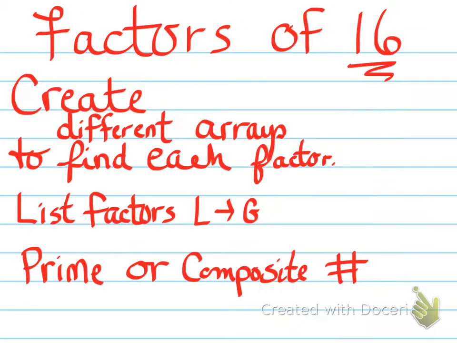Perfect. Now comes the actual write it down and bring it to class tomorrow part of your homework. I want you to go ahead and find the factors of 16. You'll need to create the different arrays to find each factor. List the factors in order from least to greatest, and then tell me whether it is a prime or a composite number.